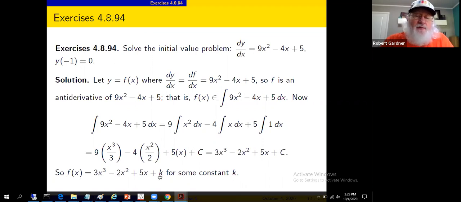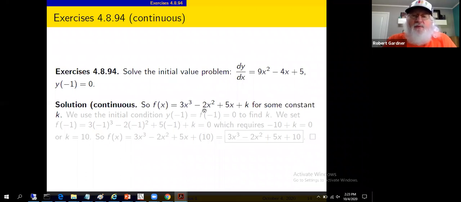F itself, I'm going to change the c into a k for reasons explained previously. It's a specific constant. What constant is it? Well, that's where this information comes in. So we found not f of x, but the form of f of x. Once we find k, based on the initial condition, we'll know f of x specifically.